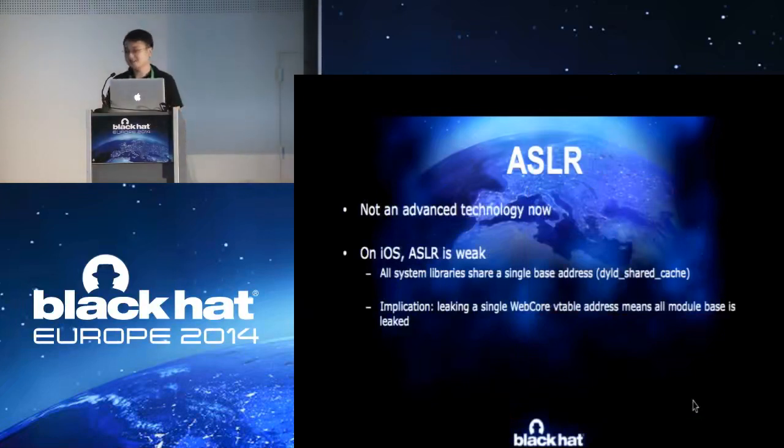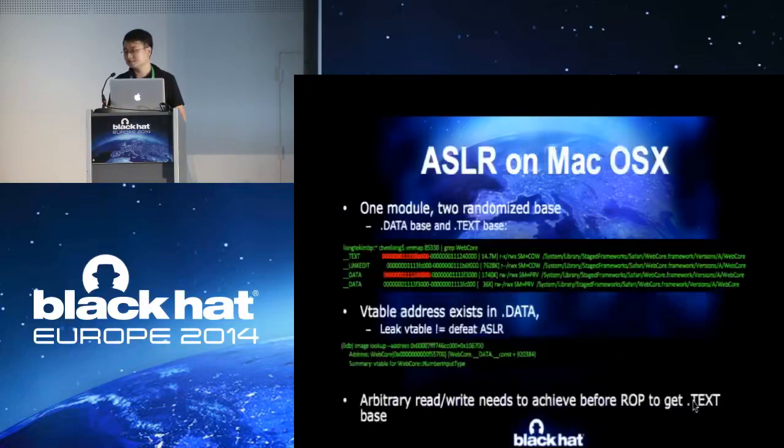And of course, ASLR is not a very advanced technology, but on different platforms, the ASLR randomization level is not the same. For example, on iOS, the ASLR is weak because of the DYLD shared cache, which means all the modules share the same base.